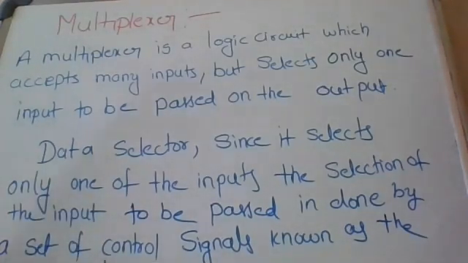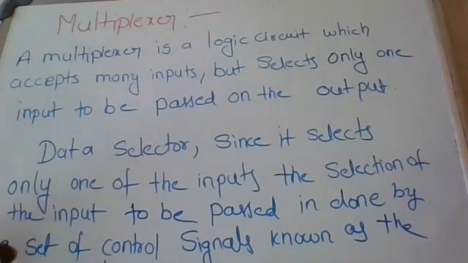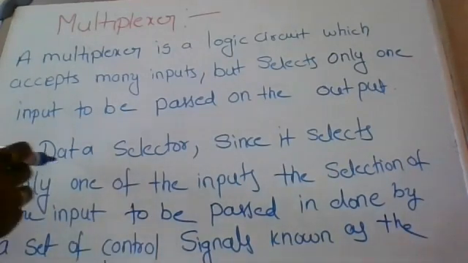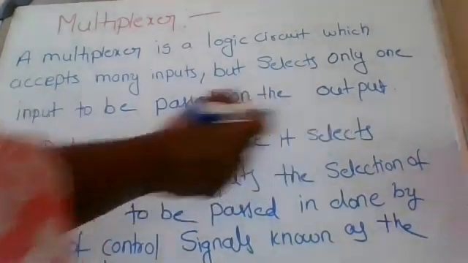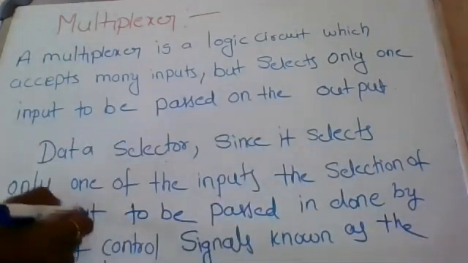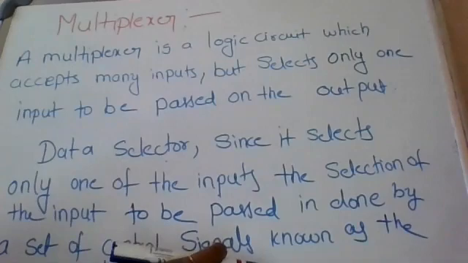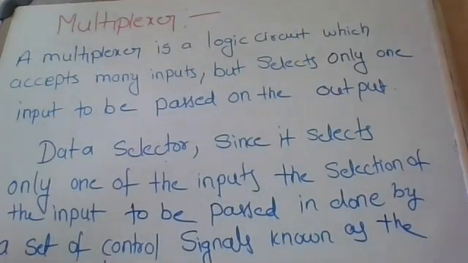So here we have many number of inputs. In that, the multiplexer will select some inputs, then will give the output.